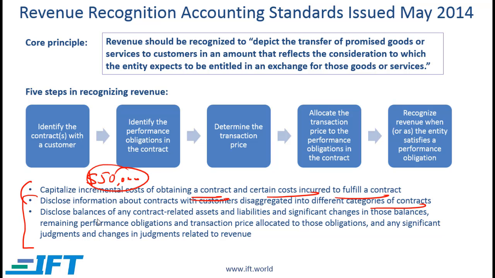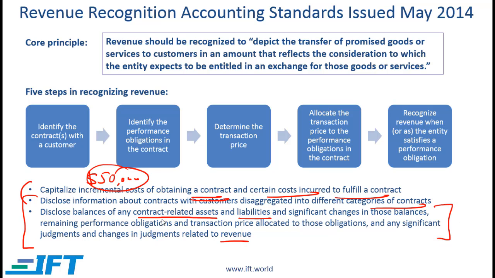Companies should disclose balances of any contract-related assets and liabilities and significant changes in those balances, remaining performance obligations, and transaction price allocated to those obligations, and any significant judgments and changes in judgments related to revenue.